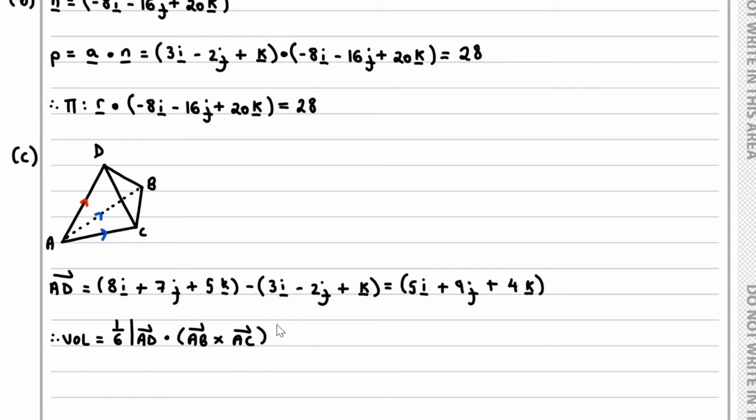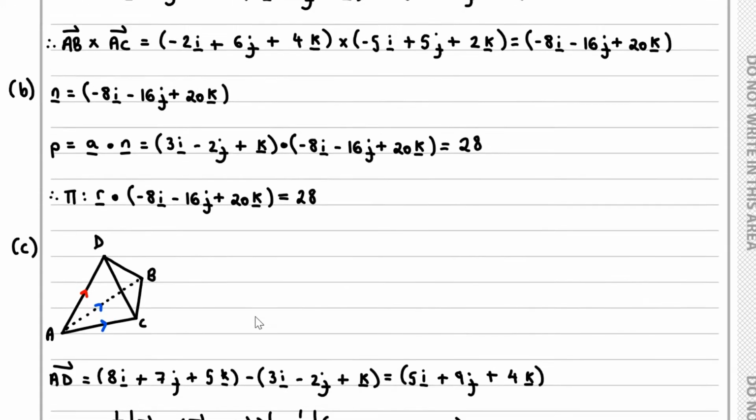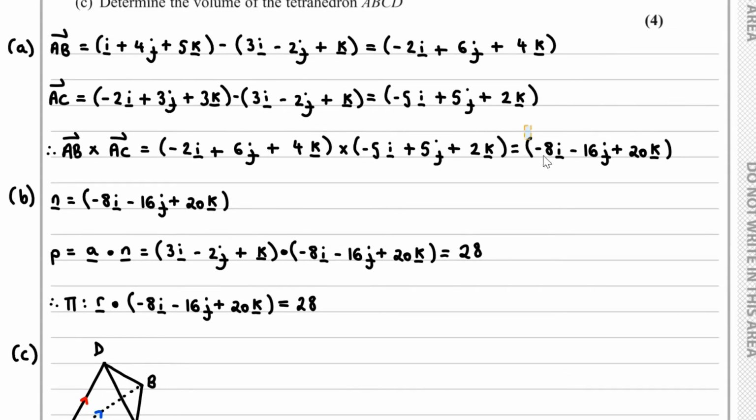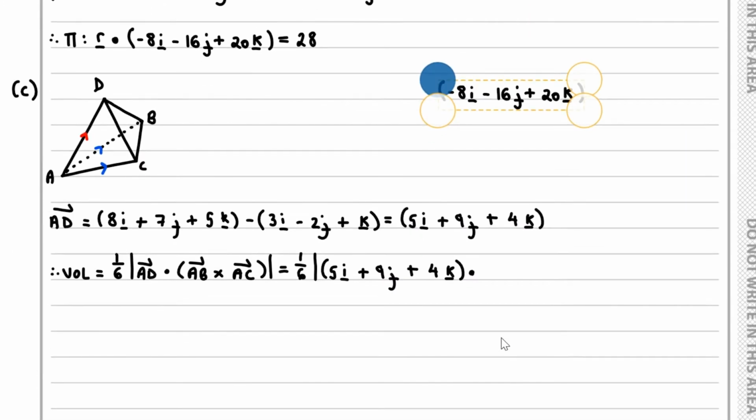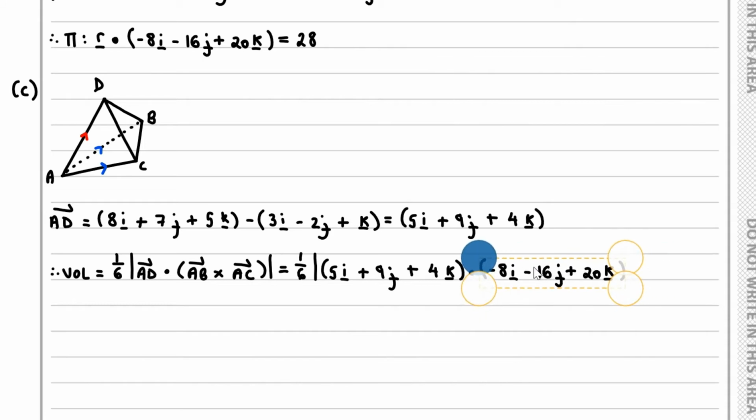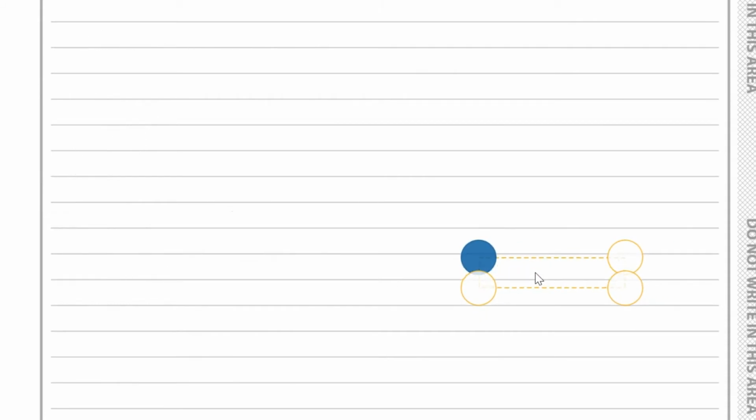So we will have 1/6 of the modulus of AD, that's this over here, and then we dot this with AB cross AC, and AB cross AC is this over here.